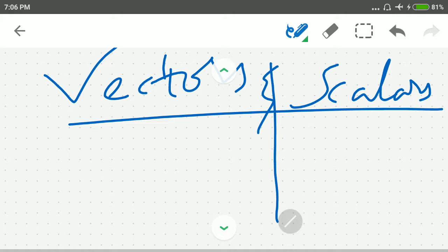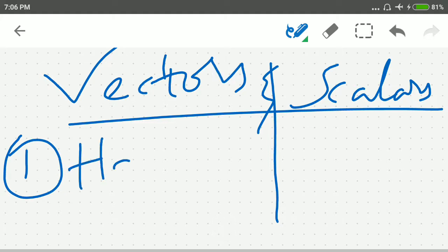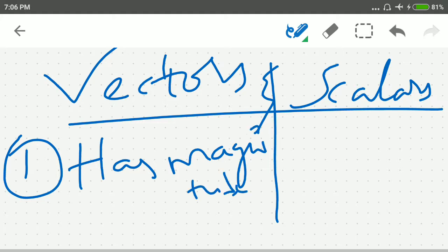See, the only difference is that vectors have magnitude, that is size, and direction.